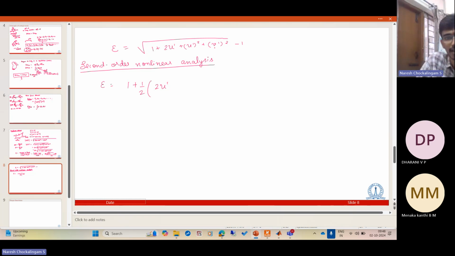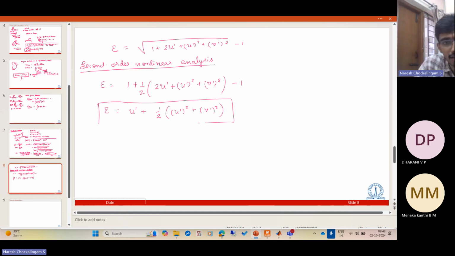This is all slope and squares of slope, so they'll be very small. And the other terms will be even higher order. So this minus 1 is nothing but u dash plus half into u dash square plus v dash square. So this is the strain we'll be dealing with.